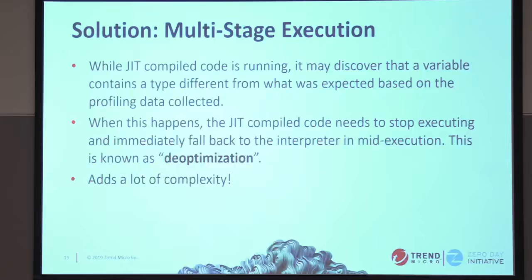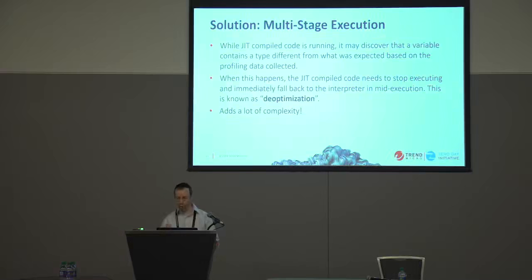Now, as we just said, the JIT compiler is able to emit efficient compiled code because it optimistically relies on certain assumptions about the types of variables, in accordance with the profiling data that was gathered. But these are only assumptions, not guarantees. Since JavaScript has no strict type guarantees, any assumptions about type could fail at any time.